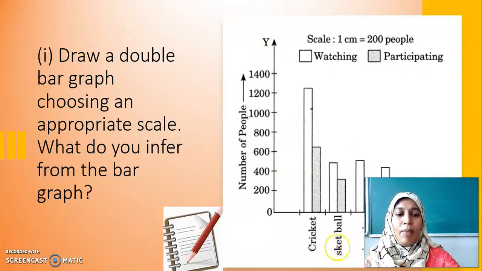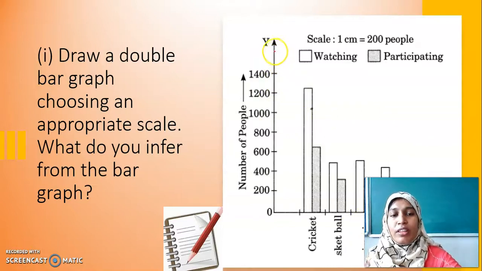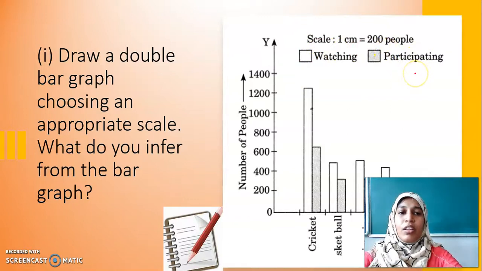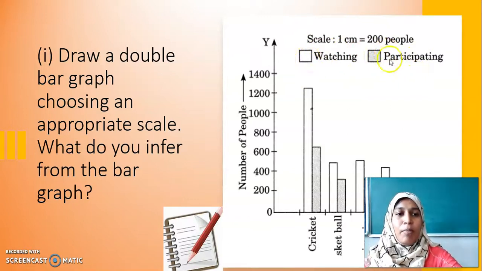Cricket, basketball, swimming, hockey, athletics. The things that you should remember while drawing this graph are the x-axis and y-axis. Describe the x-axis and y-axis. Number of people should be written. Sports should also be written. Scale is a must. One more important thing you should notice is this key: watching, participating.